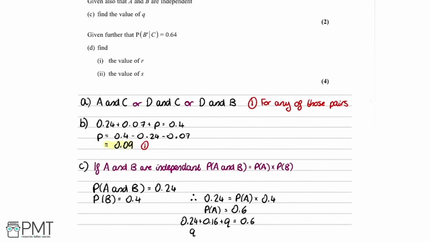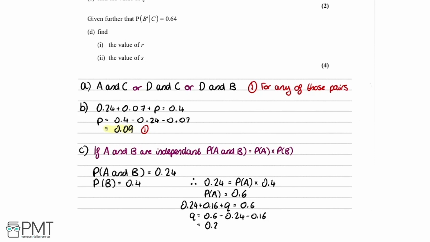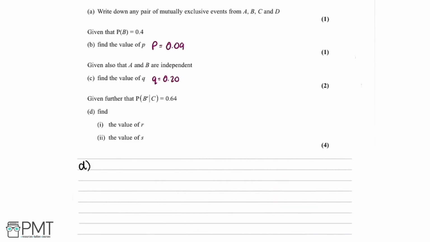So then it will follow that Q equals 0.6 take away 0.24, take away 0.16, so then Q will equal 0.20, and that is the final answer there. Looking at where we get the marks, we get 1 mark for this line here, and then we get the second and final mark for the value of Q. So now we're given further that the probability of not B, given that C, equals 0.64.